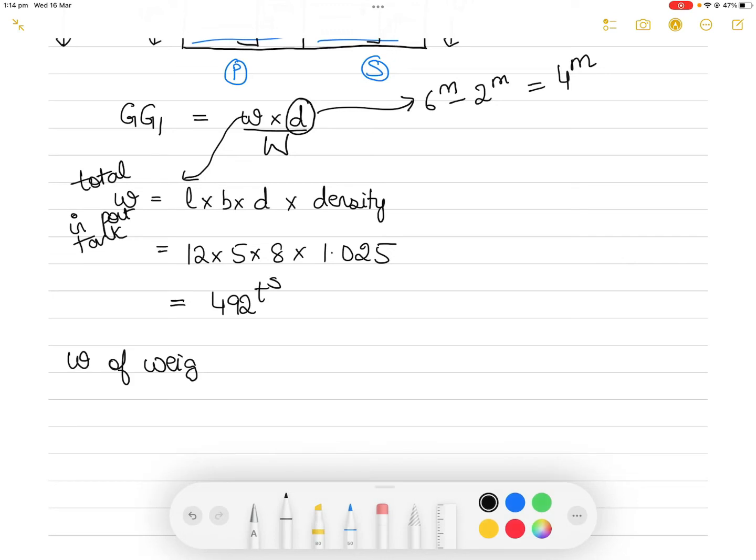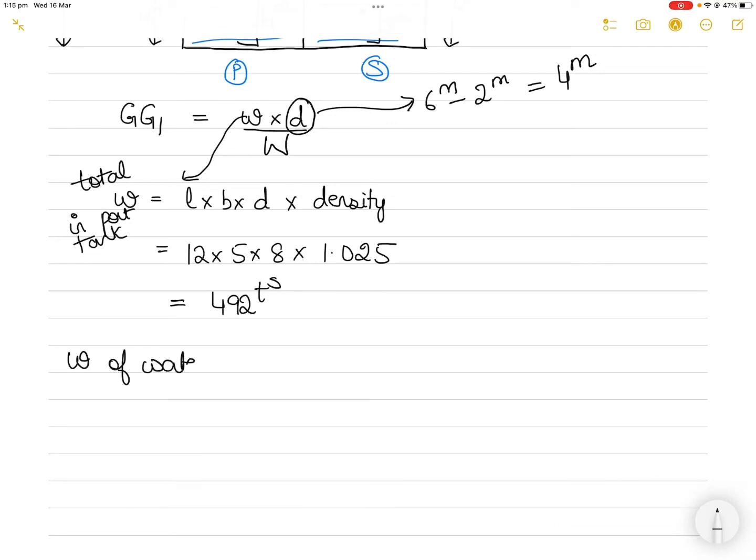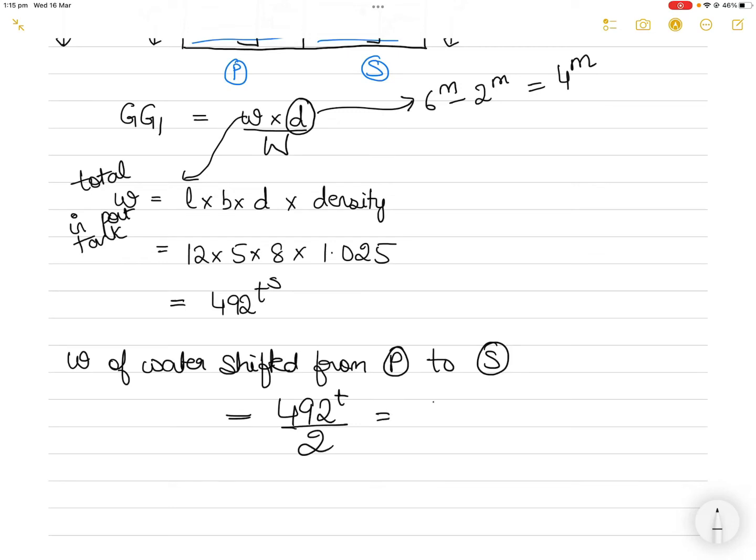So weight of water shifted from port to starboard equals 492 tons divided by 2, because exactly half of it was shifted, which is nothing but 246 tons.